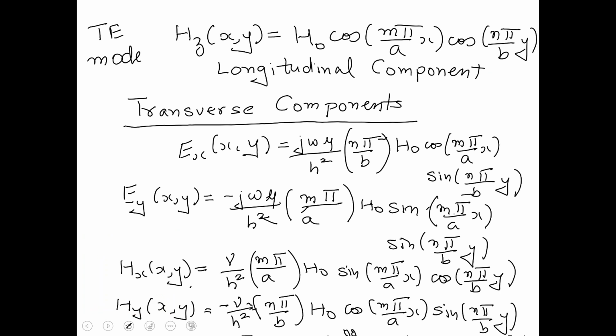So this term will not exist because of this term over here. This term will not exist because of this term over here. Hx will not exist because of this term over here. And Hy will not exist because of this term over here, if both m and n are equal to 0.